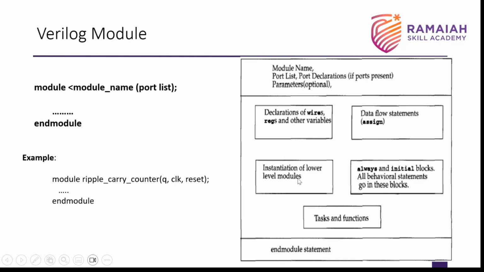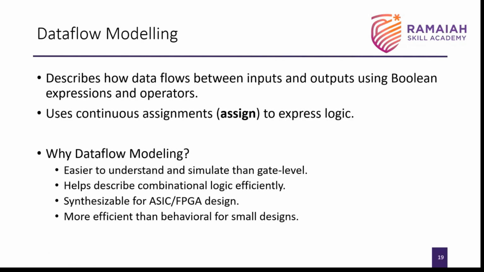Instantiation of lower level modules is nothing but structural level designing. And we have something called tasks and functions, which perform a specific set of functions. That also will be given inside this module and endmodule. So this is how, in general, a Verilog module would look.